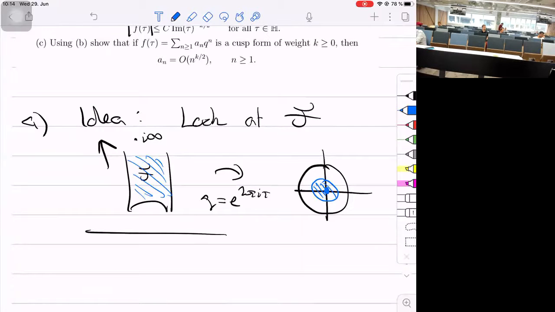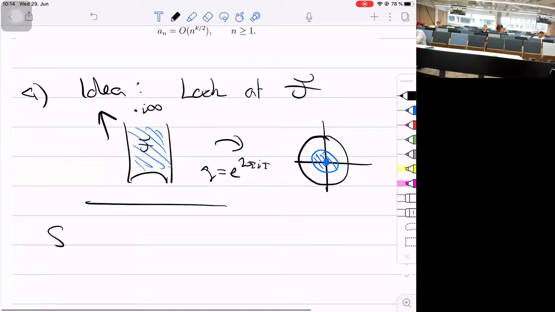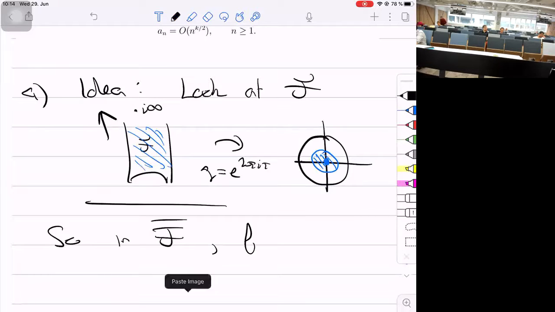And in exactly the same way, holomorphicity means that at the origin, it actually has a value. It's a well-defined number. So therefore, in the closure of F, the fundamental domain, this function is going to be bounded. That's what we want to claim.